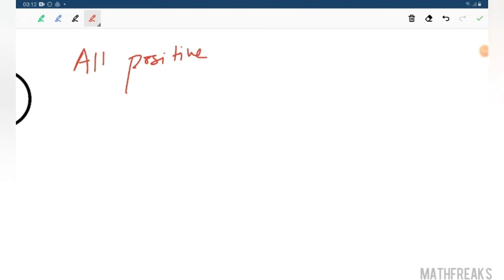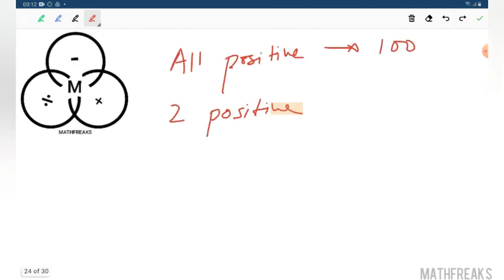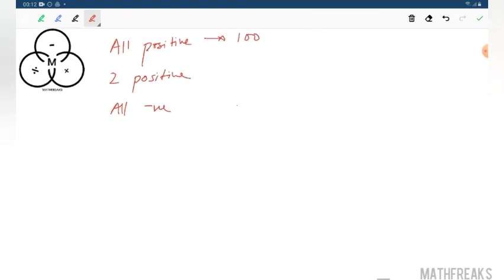All positive, that is having 100. 2 negative and 2 positive, and all negative. 2 positive, we are having 6 into this number 100, and all negative we are having 1 into 100.